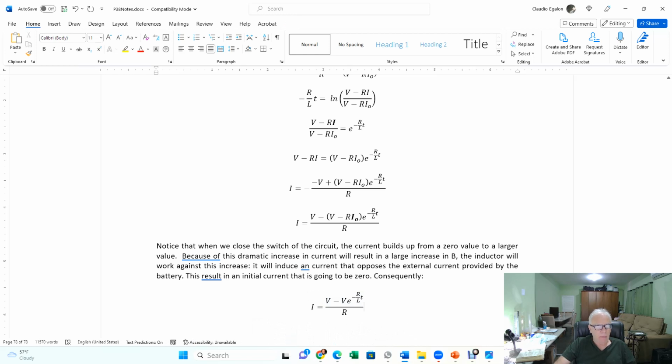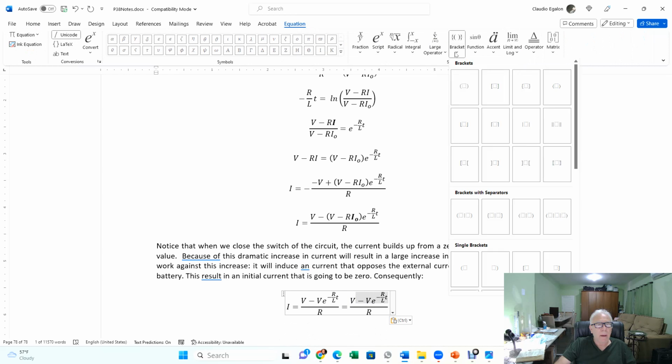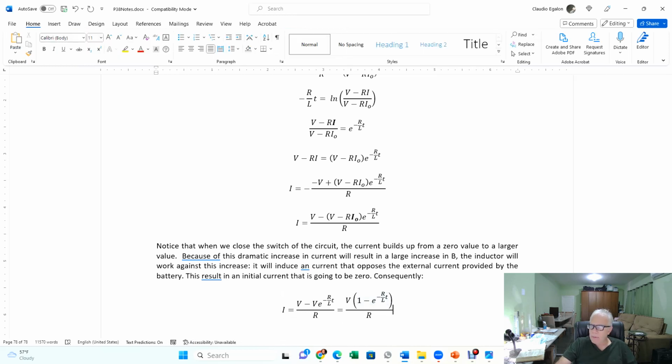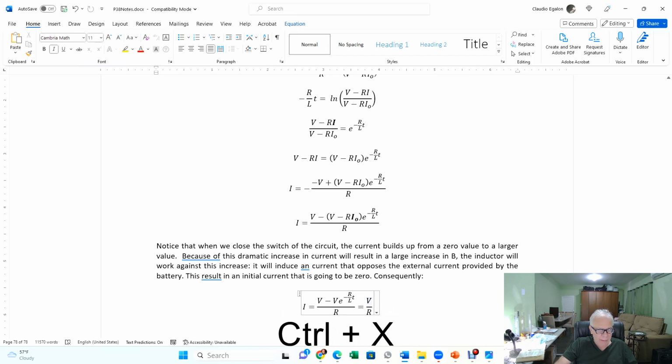The I naught is going to be zero. And then I can finally simplify my equation. Okay, that's going to be something like that. I'm going to even put it in a different format.